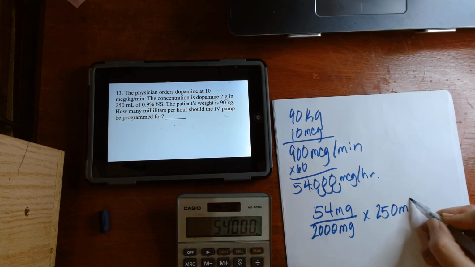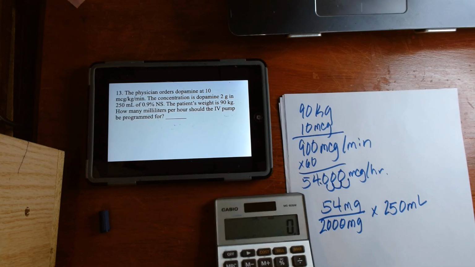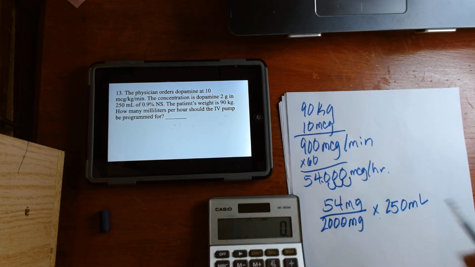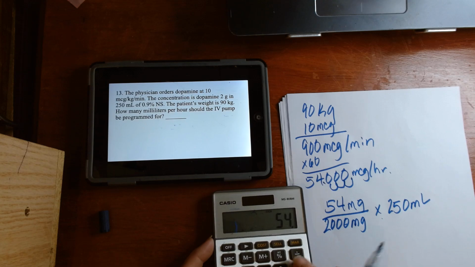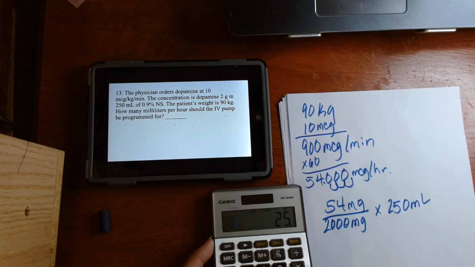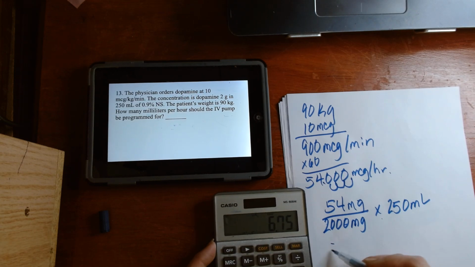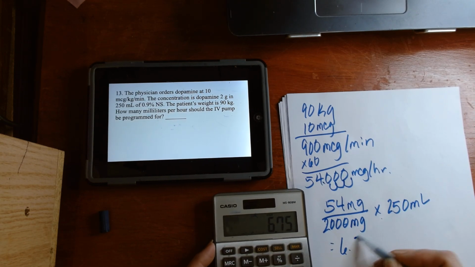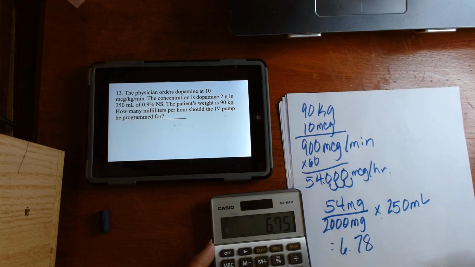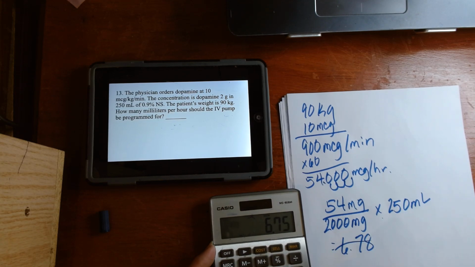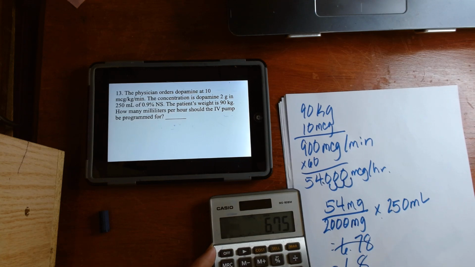250 mLs. So let's do this. This divided by that times that. 54 divided by 2 equals, times 250 equals. That will be 6.75. The 7 will make that an 8. Okay. 6.8, but then that'll round up to 7 milliliters.